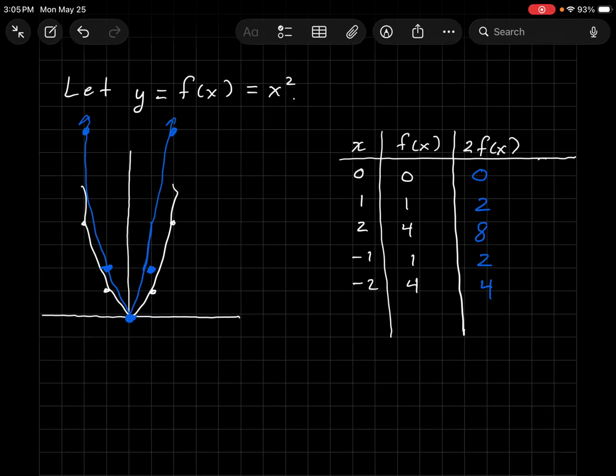Our graph gets stretched. Sometimes we say it gets narrower or skinnier. Certainly it would have if I could have drawn it a little bit better. But I like to say the graph is growing 2 times as quickly. And that's certainly the way I think about it in higher levels of math.